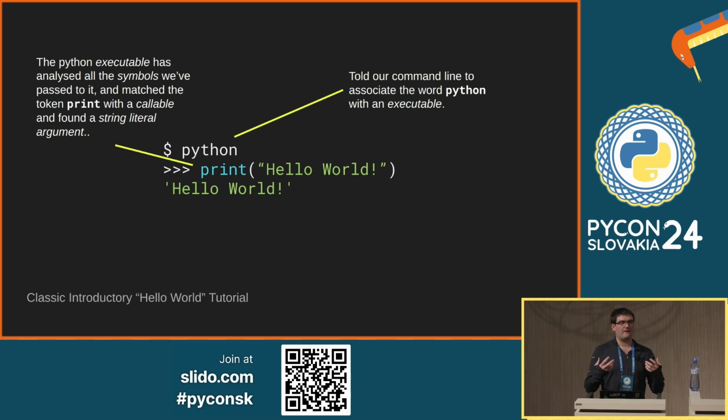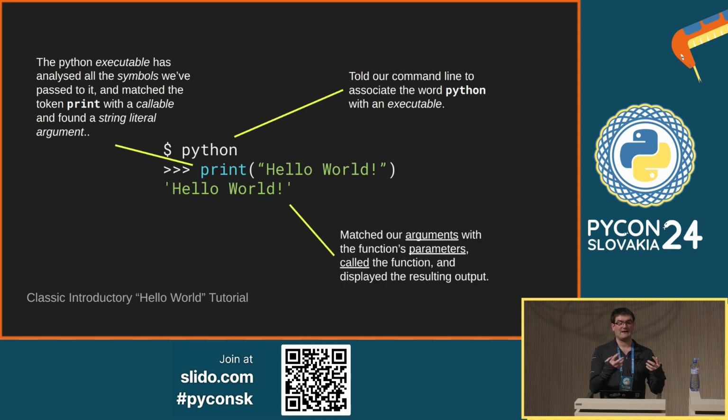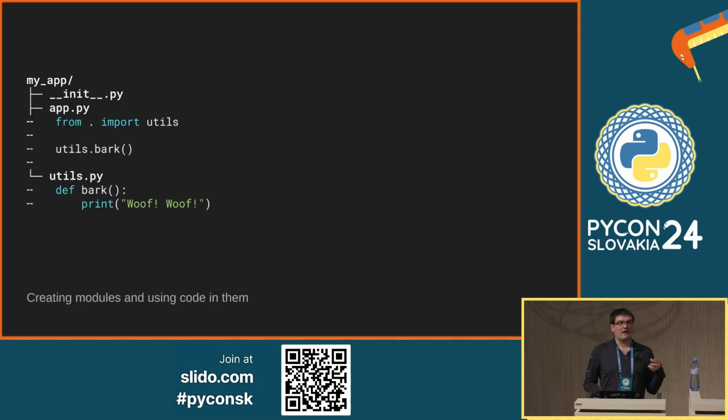We've passed some tokens to it, and some symbols that get turned into tokens. It's found this callable print, and it's found this string literal argument, and then it matches our arguments to this function's parameters, and it calls the function in a call object, and we see the resulting output. So quite a lot's actually gone on there that we might not necessarily think about initially.